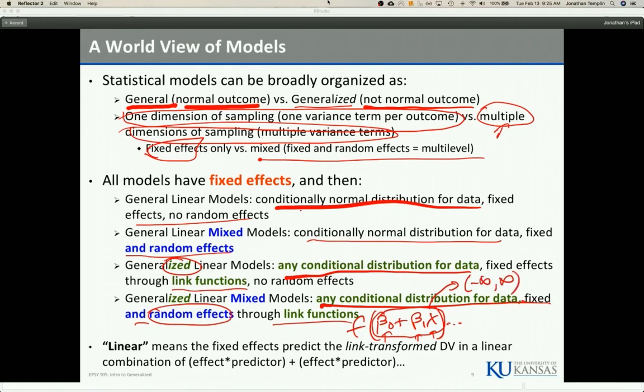But if you have an outcome that's not on that same space, we need some way to map that onto the space of the outcome, and that's what this link function does. It maps it onto a smaller space so that we can appropriately model the data that we have rather than trying to make predictions of things that don't happen. For instance, the probability that someone graduates high school is 1.2. The link function will prevent that from happening.